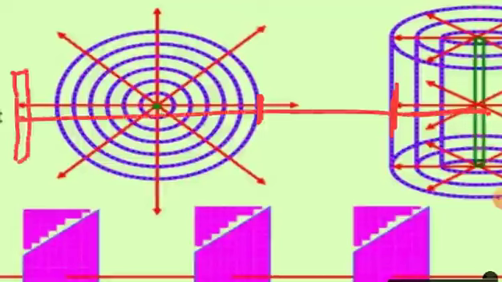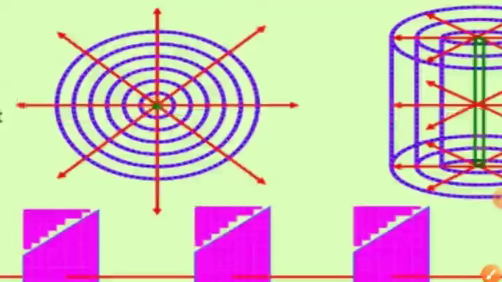Got it? And for this spherical source also, if you take it very far away from the point source or the spherical source, then that small surface will be almost plane like this. Got it? So for the plane wavefront, we don't require a plane source.